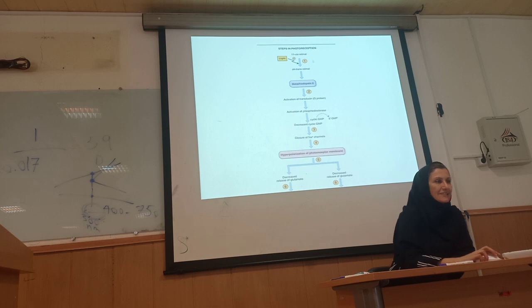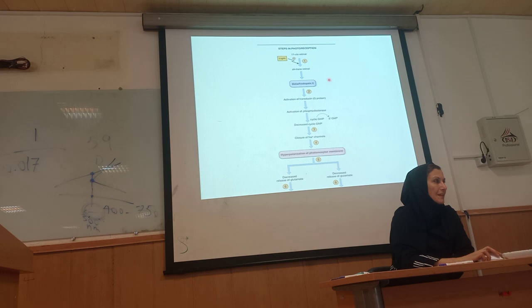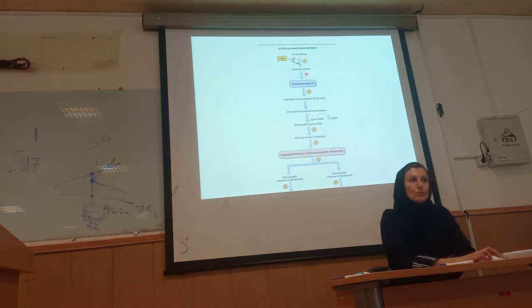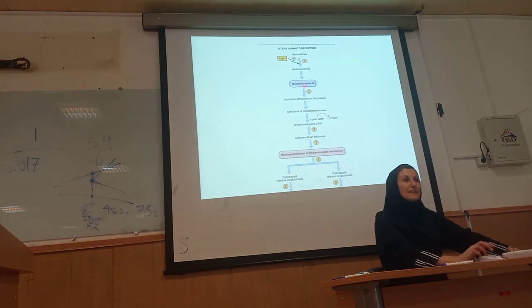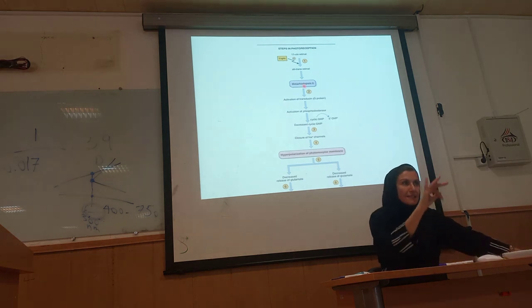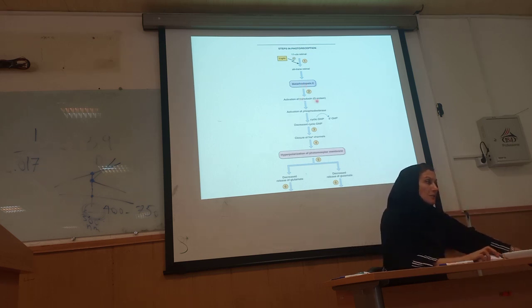So pay attention, this is a summary. There are many steps for phototransduction. You can see here, if there is light, 11-cis retinal converts to all-trans retinal. And after that, rhodopsin is activated to meta-rhodopsin 2. Meta-rhodopsin 2 activates transducin, a G protein.